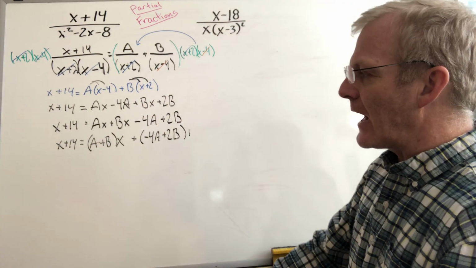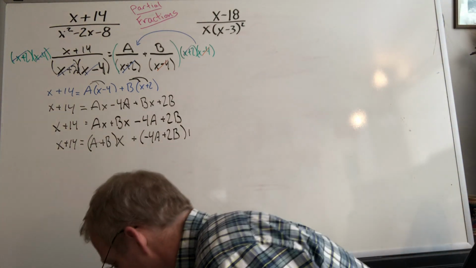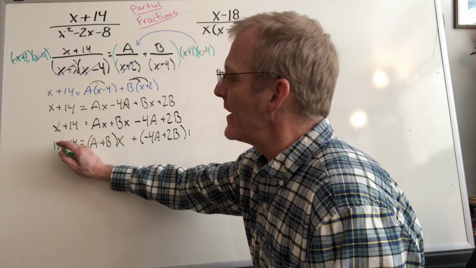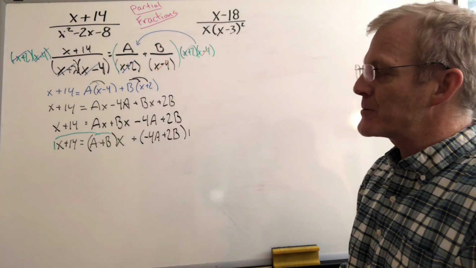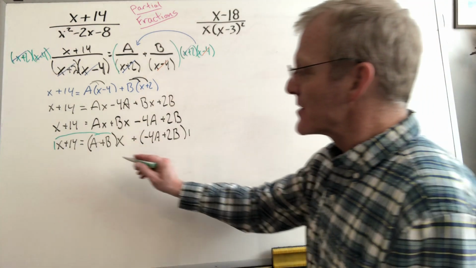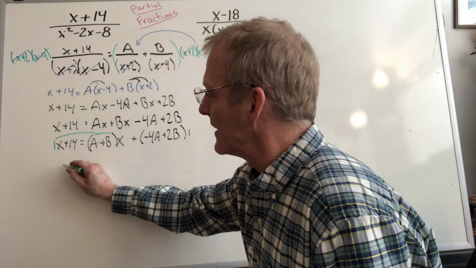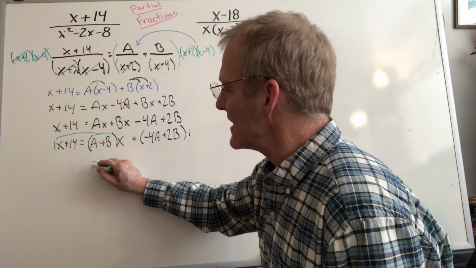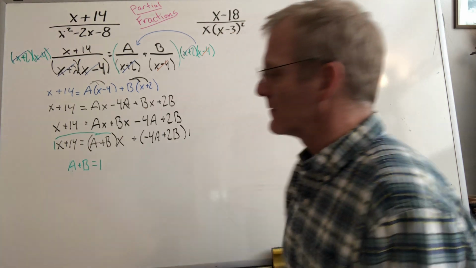So now look what we've got. If we draw some lines here, we see that this 1x is the same as the a plus b x. So that tells us that 1 is, let's put it over here, 1 is equal to a plus b.